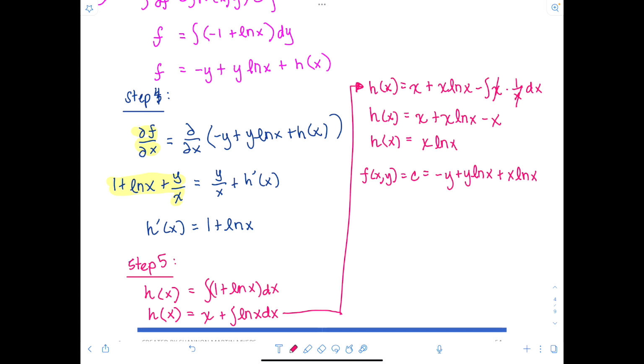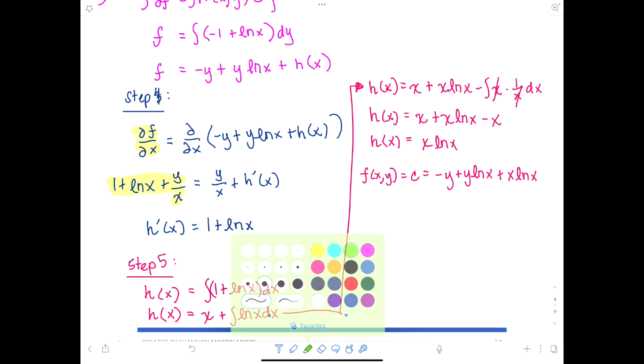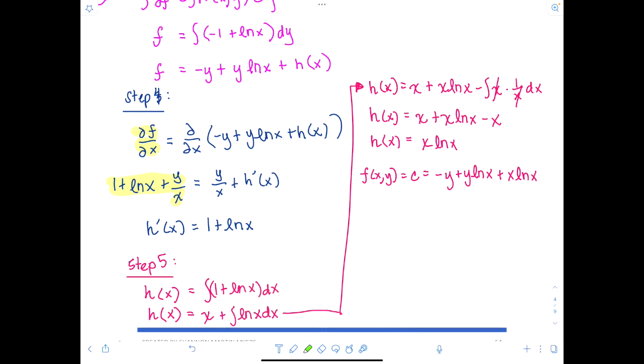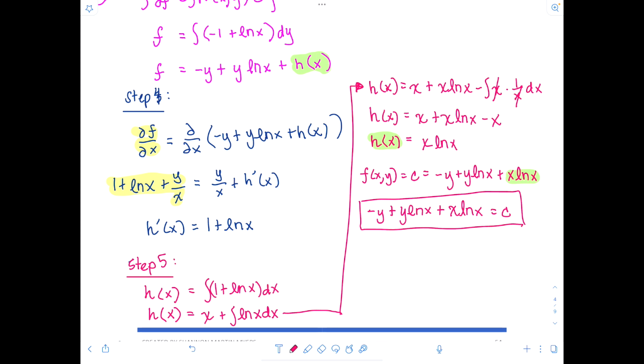And so, just to clarify, we plugged in x times natural log of x for h of x, because that's what we found for it. And we're done. That's the final result. So we get negative y plus y times natural log of x plus x times natural log of x equals some constant c. Groovy? All right, on to the next.